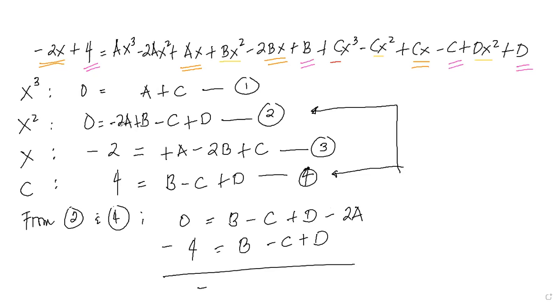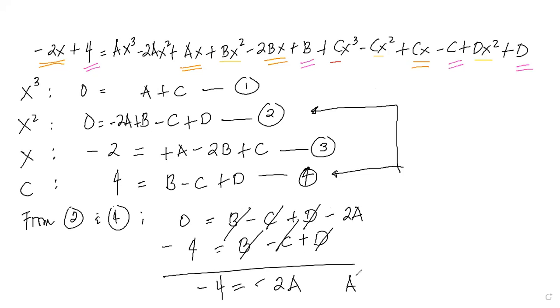This one has a minus 2A plus B minus C plus D for terms that have the coefficient of x squared. So even if I subtract here, there's still a thing that will remain. So this is minus 4 being equal to, all of this will be gone, and you have minus 2A.